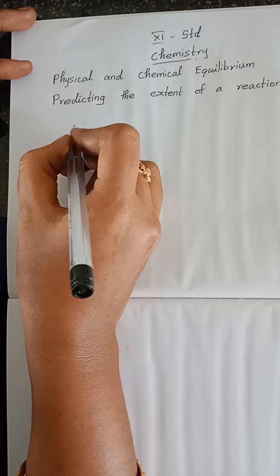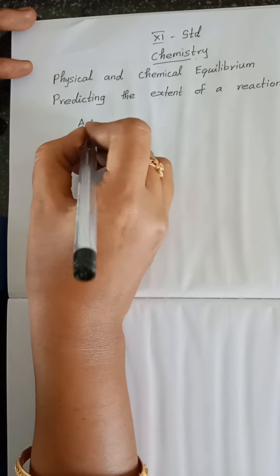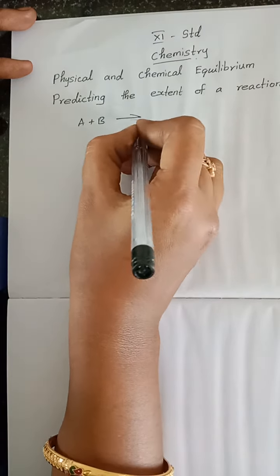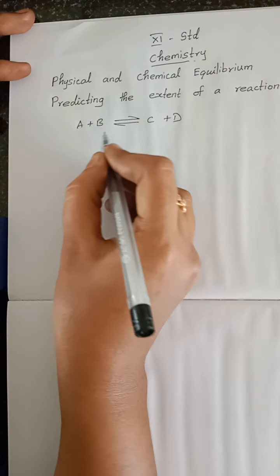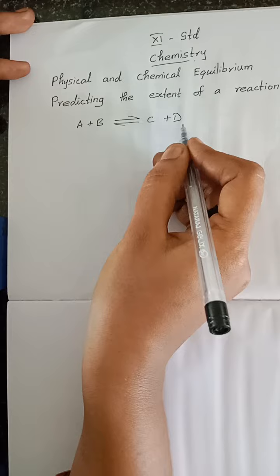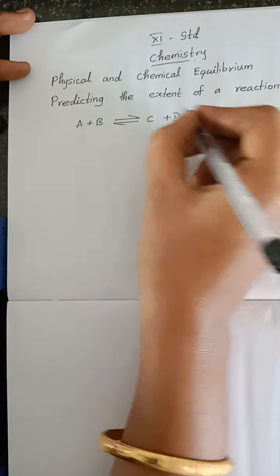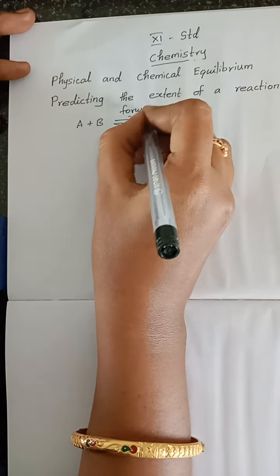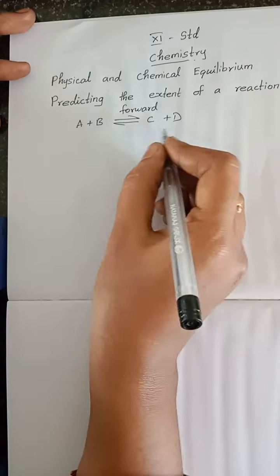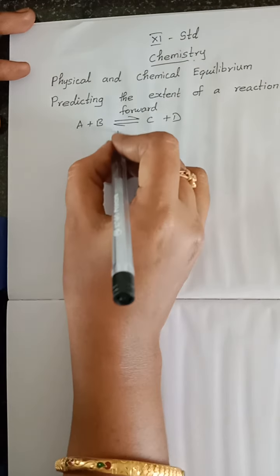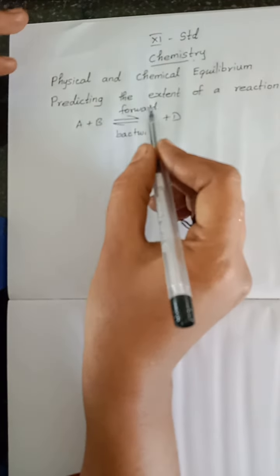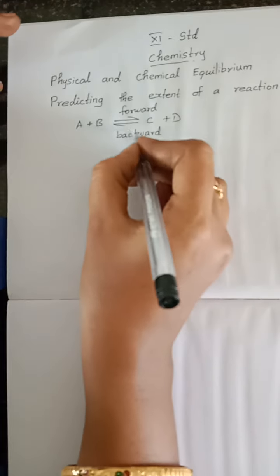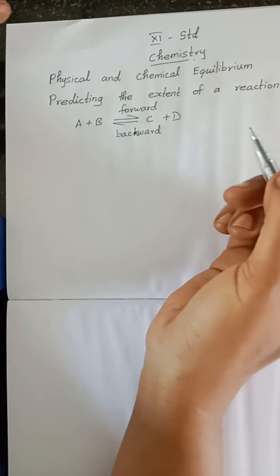A plus B, the reversible reaction giving C plus D. A plus B to give C plus D is the forward reaction. Then C plus D to give A plus B is the backward reaction. So the forward reaction and backward reaction are the directions of the reaction.